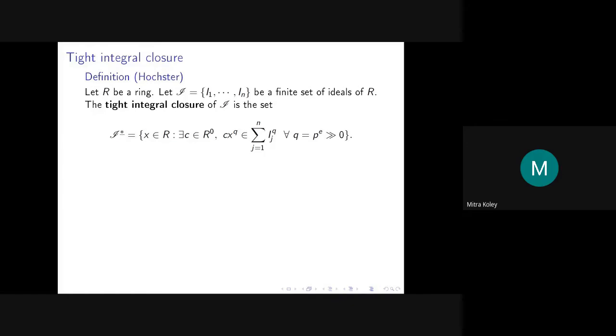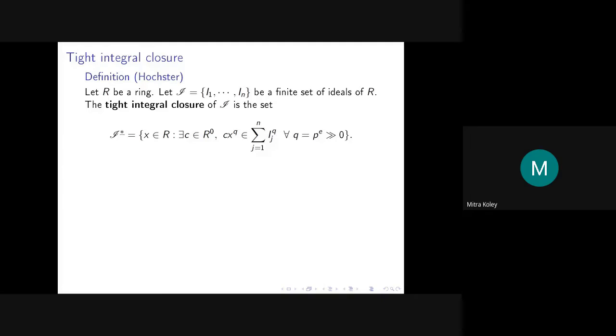So I'll now define what is tight integral closure. Definition. This definition is due to Hochster. Let R be a ring of prime characteristic. Let script I be a finite set of ideals, I1 to In.